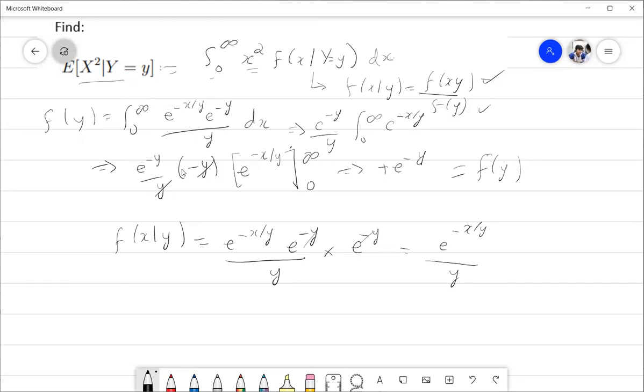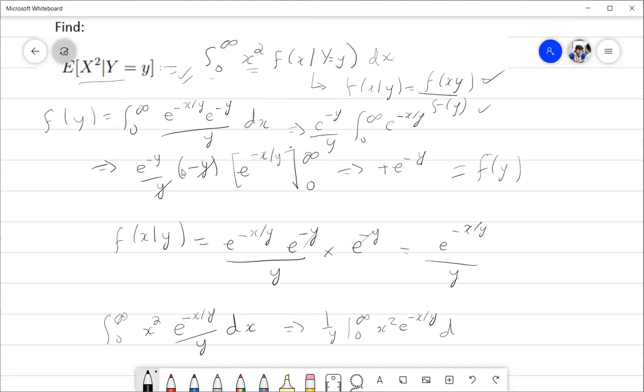So inputting this into the original equation here, this will be 0 till infinity x square e to the power minus x upon y, that's my new term, and integrating this with respect to x. So again, taking out the constants, this will be 1 upon y, 0 infinity x square e to the power minus x upon y.